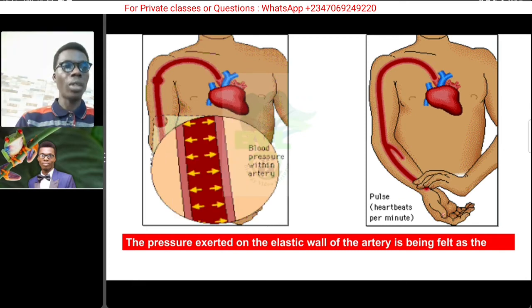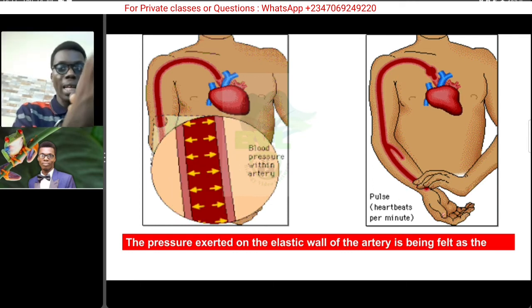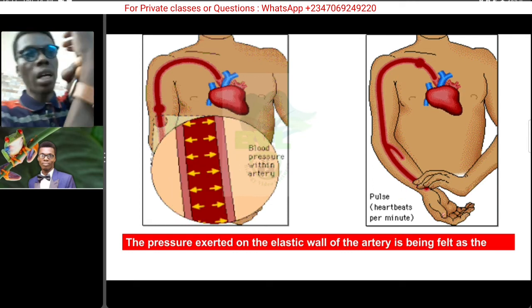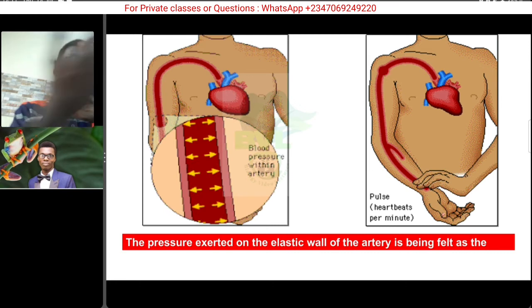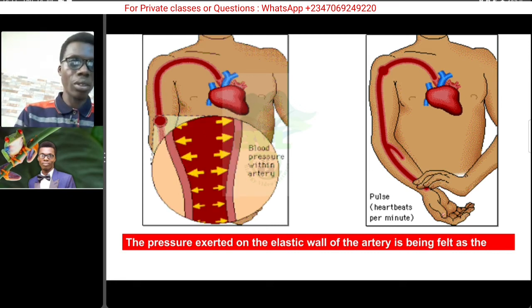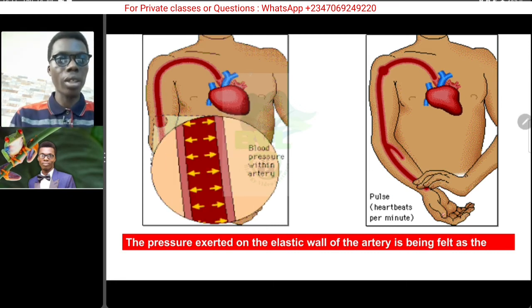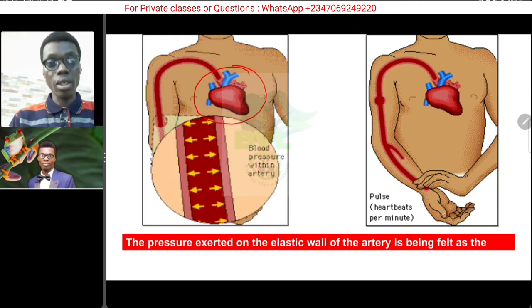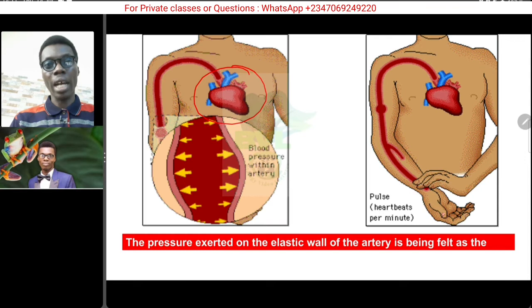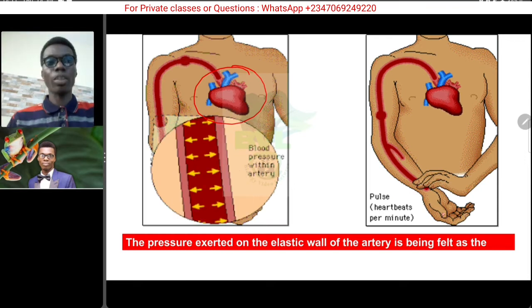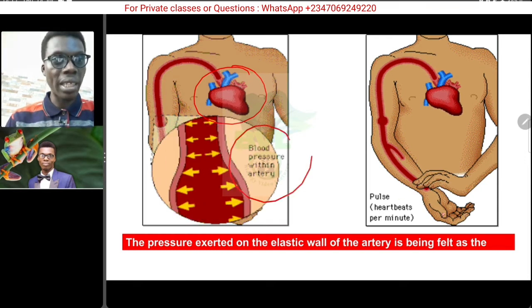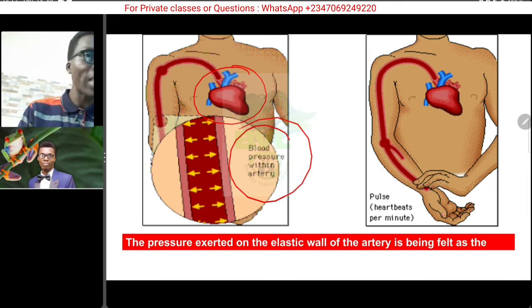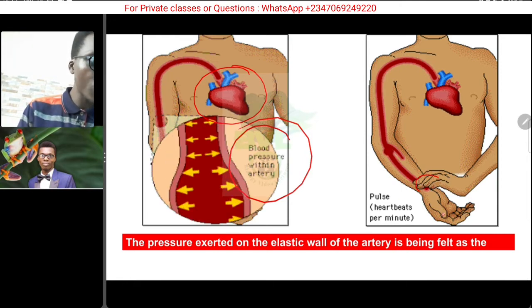So now what are we doing? You can also do it this way, either way, putting two fingers like that. Now check this out. Anytime the heart beats, pressure is exerted on the wall of the arteries, and because it's elastic, it expands. So for that reason, you can feel the pulse.